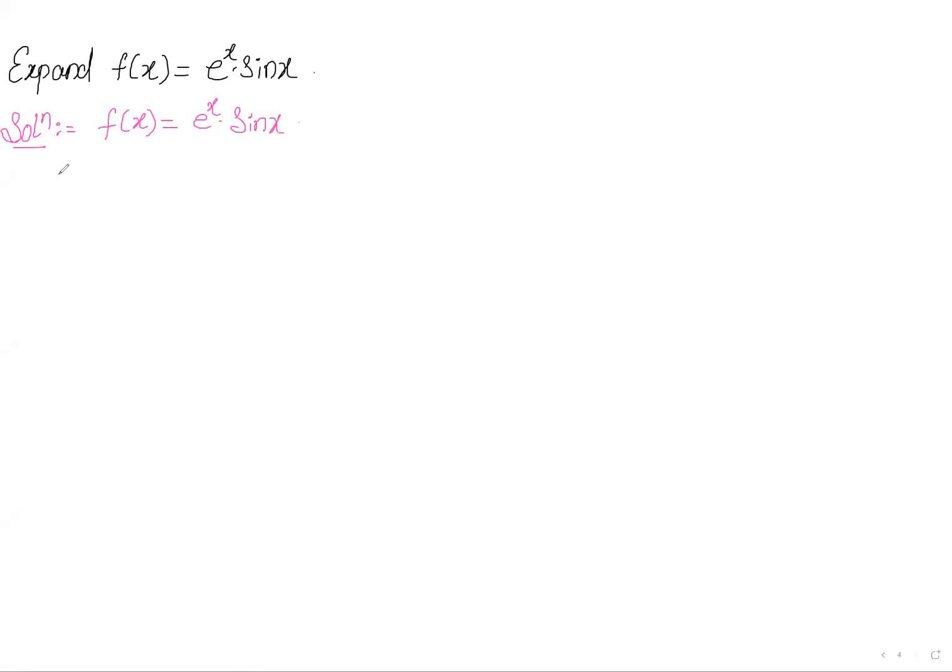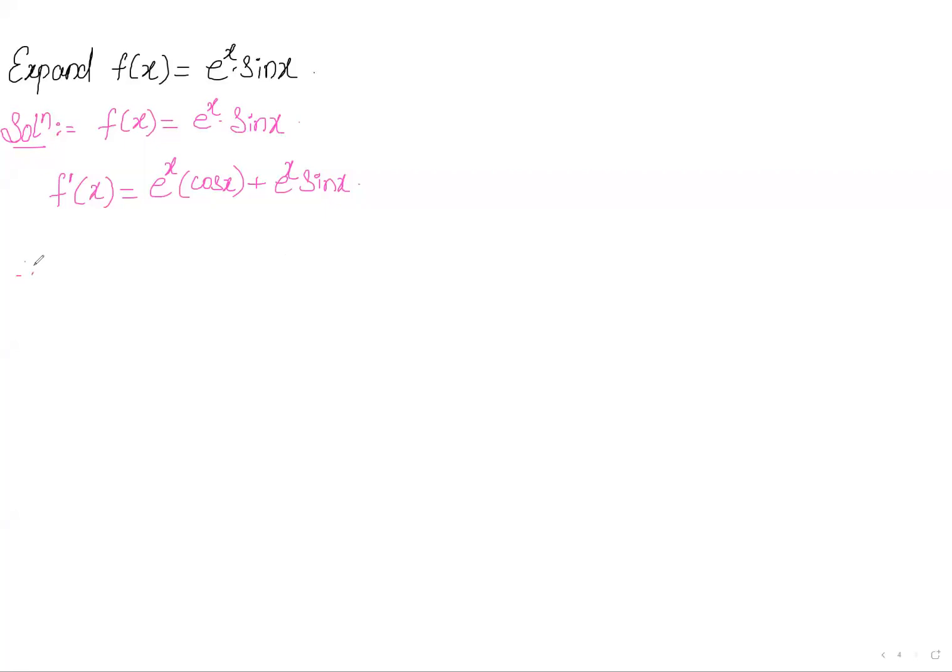Derivative of this function with respect to x, that is f dash of x, is equal to, apply u into v rule, e raised to x cos x plus e raised to x sin x. Either you can consider this as y and solve it, otherwise, if you are able to take derivatives term by term easily, then you can proceed with that only.